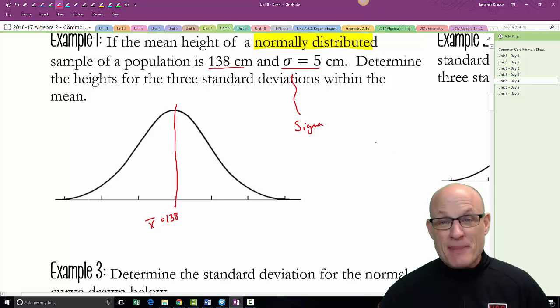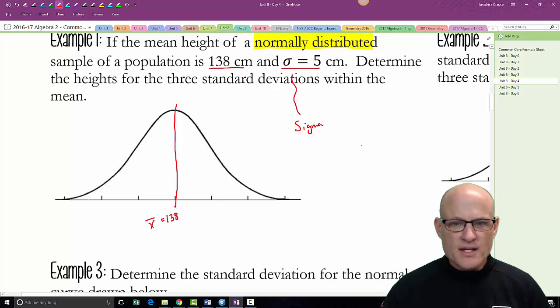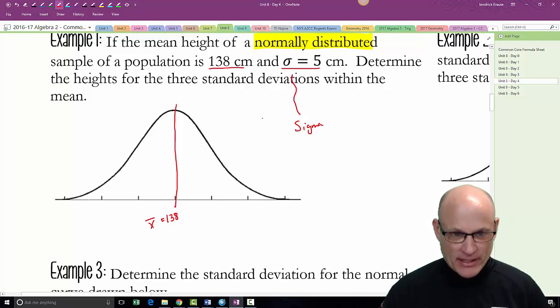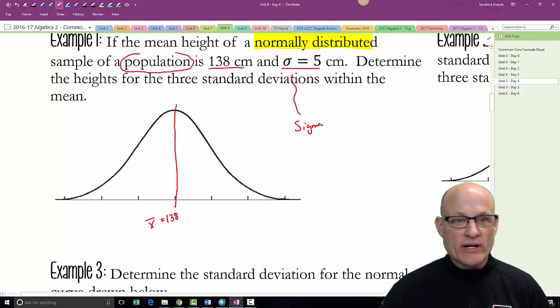It stands for the population standard deviation. So this stands for the population. That means we got everybody. Notice I use the word population. It wasn't a sample. When I say population, that means I checked everybody.